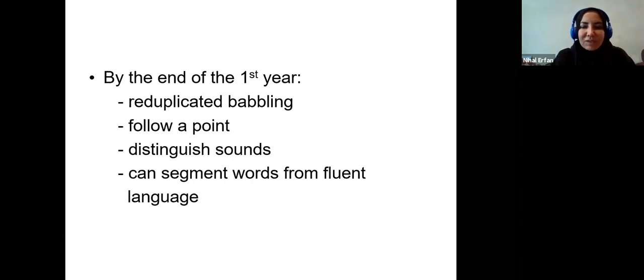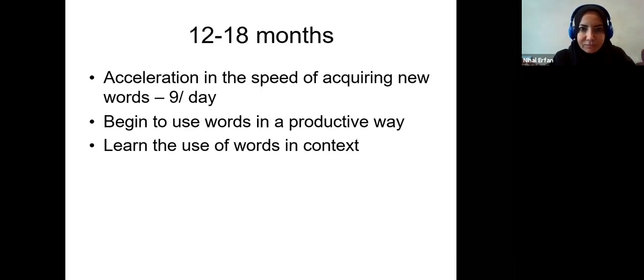So distinguishing sounds doesn't necessarily mean words. It could be knowing that that sound is my mom's voice, that's my dad's voice, that sounds like a cat, that sounds like a dog. So distinguishing is not only perception, but also comprehension, and segmenting words from fluent language.